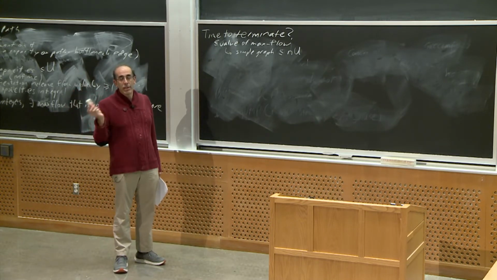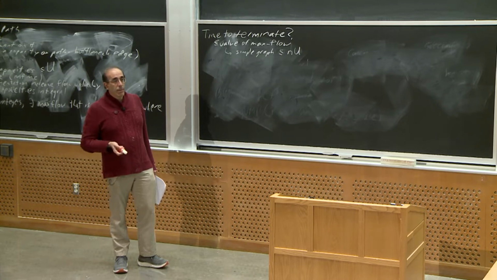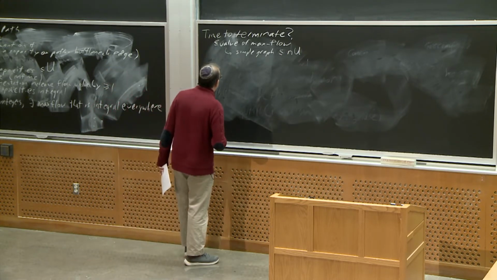A cut with S on one side and everything else on the other side. And so we know that the maximum flow value is less than the value of that cut. And so this gives us a bound on the maximum flow.